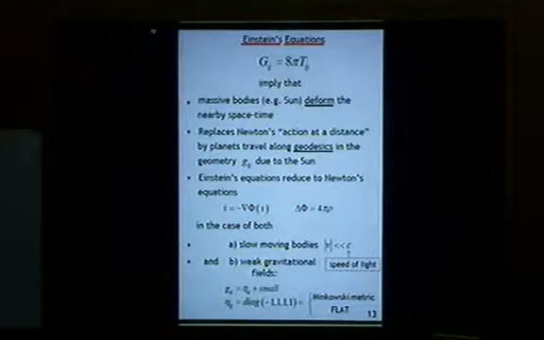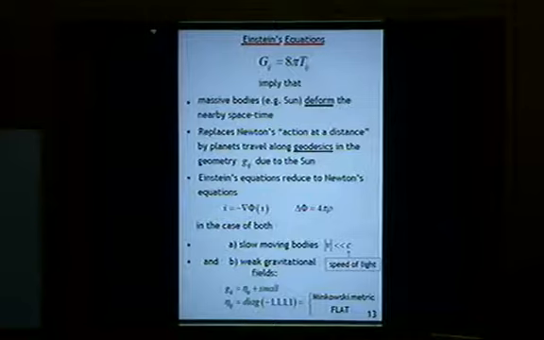Now what's really beautiful is that Einstein's equations reduce to Newton's equations. So here they are: x double dot is equal to minus the gradient of phi of x. So that's like what you learn, F equals ma, okay? And phi is the gravitational potential, and phi is determined from the matter.